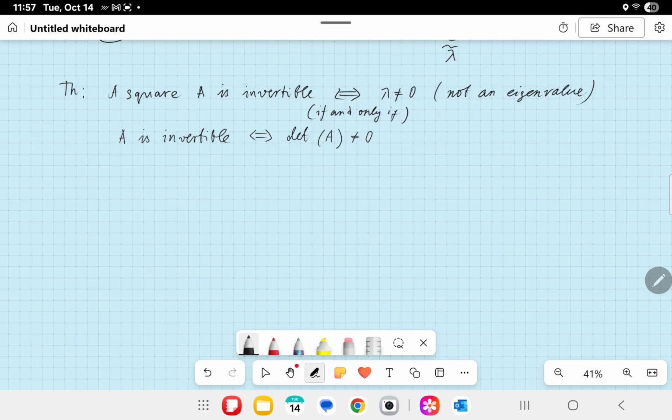So if the determinant is equal to 0, it's not invertible. Invertible if and only if, right?